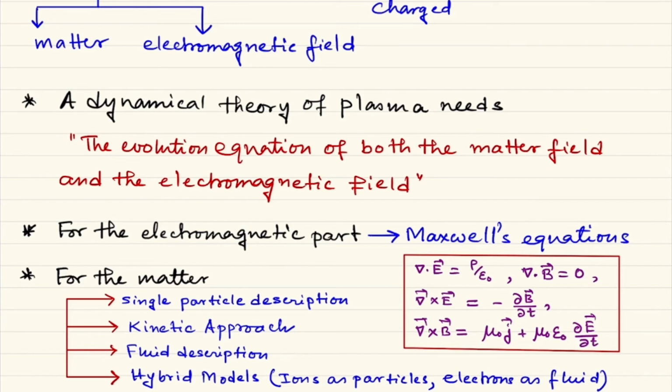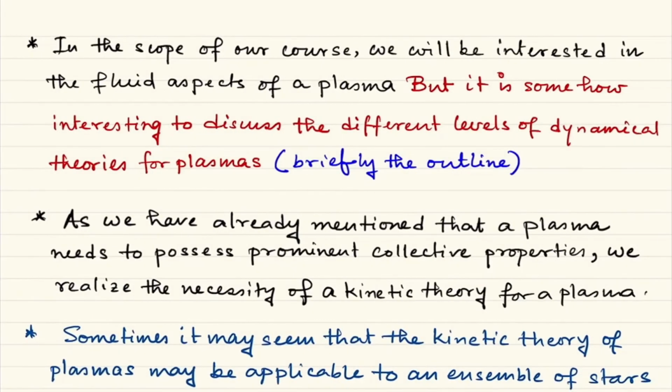So we have several options. This one we will not be interested in at all. This one we will start with, because even for the hydrodynamic case we started from kinetic theory, and from that we will go to this, and then we will talk about the fluid models of plasma. A hybrid model is just for your own interest. If you are interested, you can search about that.